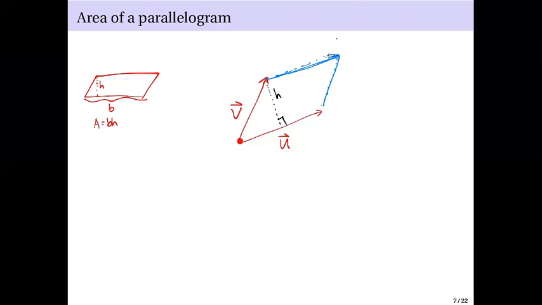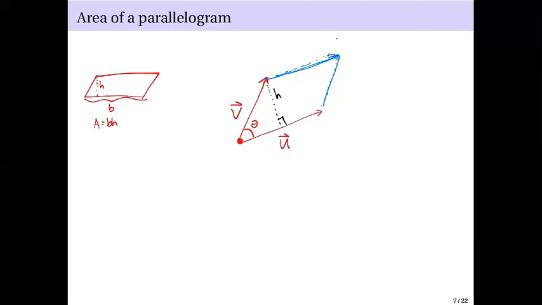We can start by setting this angle theta. And then notice you will have a right triangle in here. So if you remember from your trigonometry class, you have your SOHCAHTOA. We can use that to find this height h.